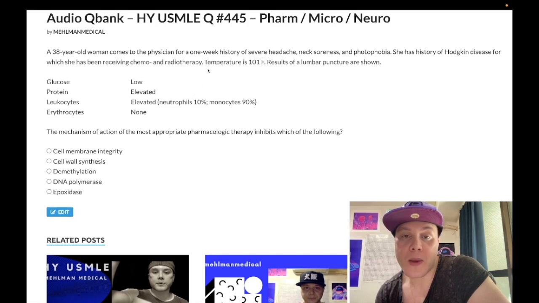Now, when we talk about bacterial and fungal meningitis, both of them will have low glucose, high protein, and then it's the leukocytes that differ. So in bacterial, you're going to have high neutrophils. In fungal, you're going to have high lymphocytes. Okay, so viral and fungal both have high lymphocytes. Now this question, we have an immunocompromised patient due to the chemo radiotherapy history, Hodgkin disease, okay?